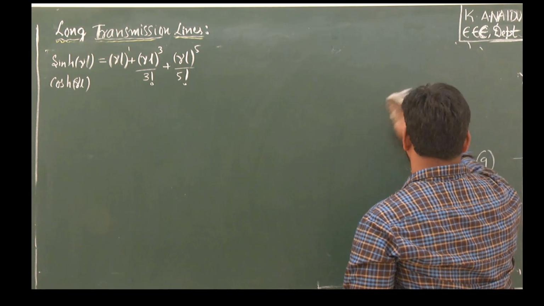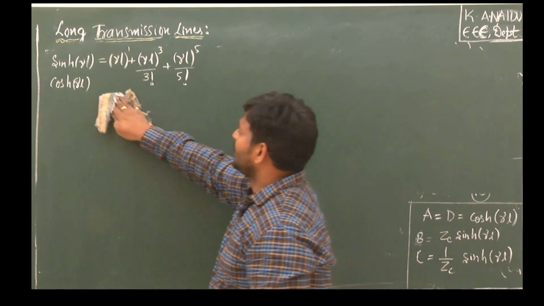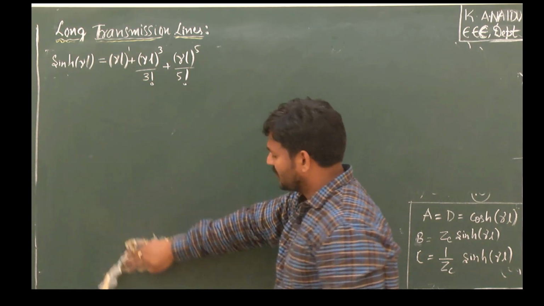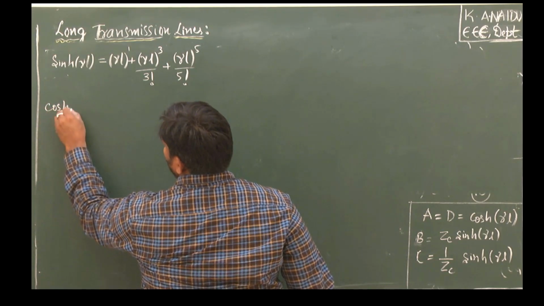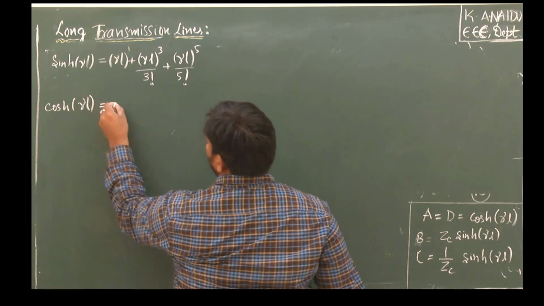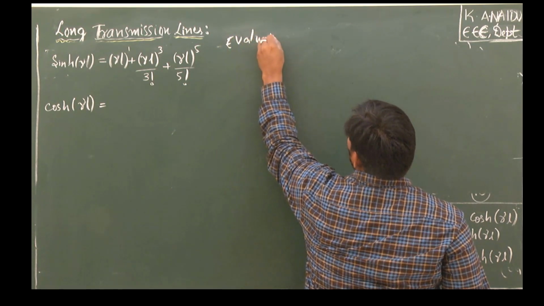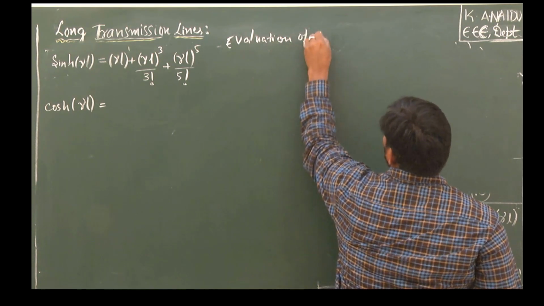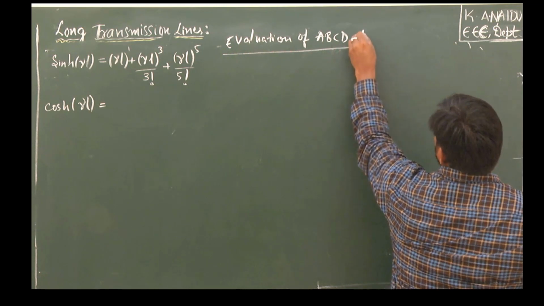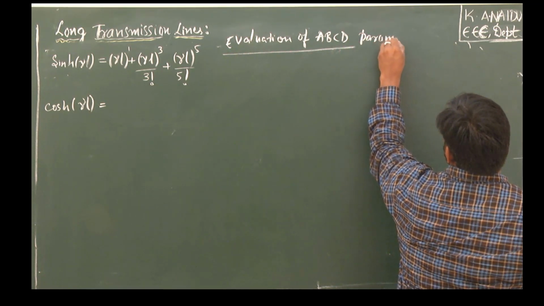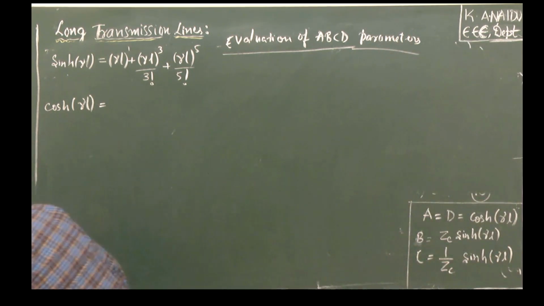You can keep on expanding like this, but up to 3 terms it is sufficient to get accurate results, and beyond that, even though you expand, you get the same result. Okay. Similarly, cosh of gamma L. What is the formula of cosh of gamma L?